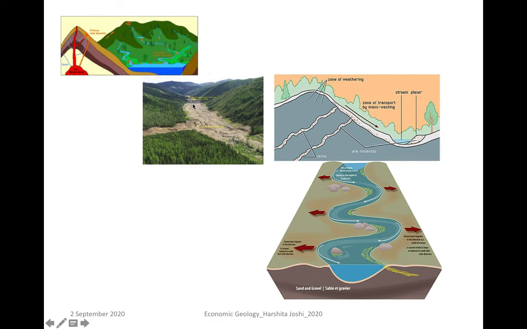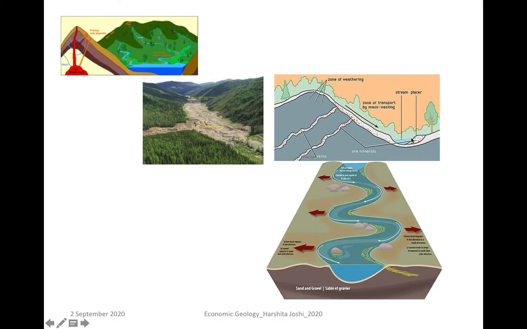So we may get different ores in the streams also, right? The way it is shown here, the hydrothermal veins have brought some of the sulfide ores to the surface, and then they are getting weathered and eroded, and then we get them in the placer deposits.